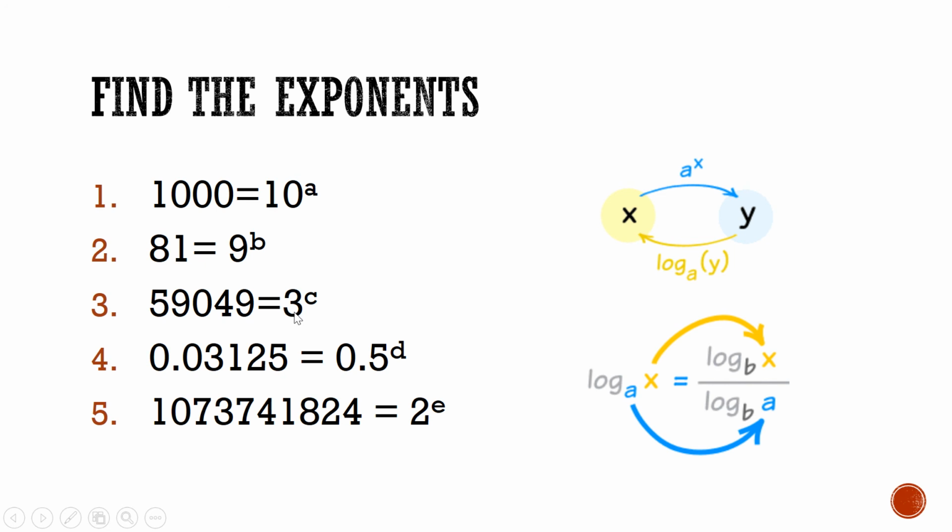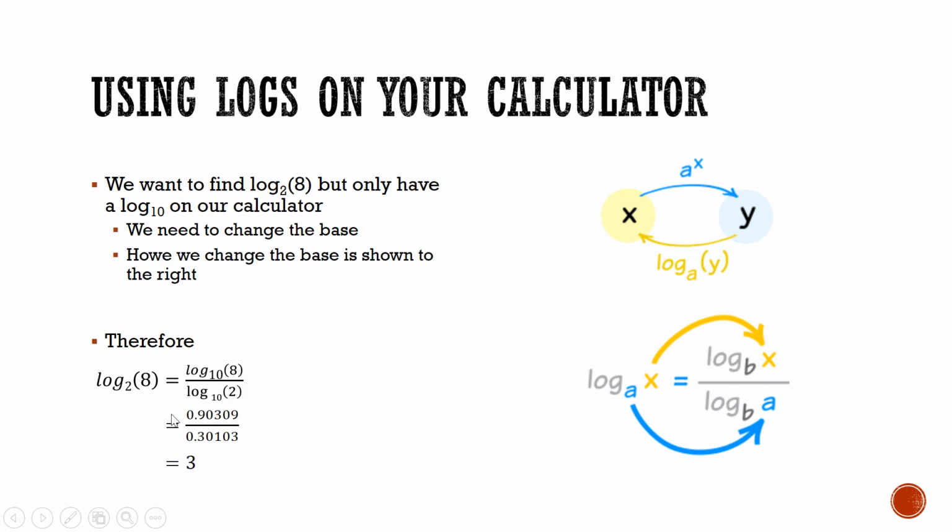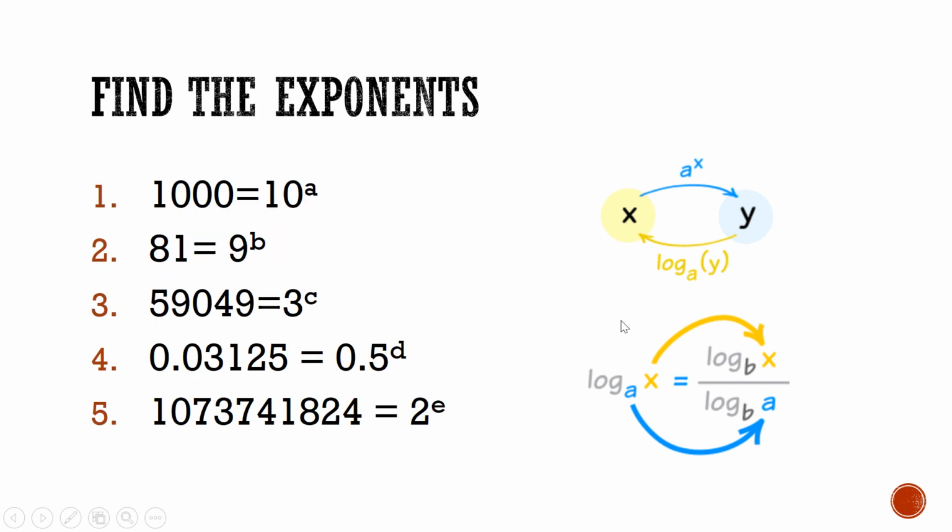How many times do you need to multiply 3 by itself to get 59,049? How many times do you need to multiply 0.5 by itself to get 0.3125, etc. And you can get these answers by using this process here. So use your logs.